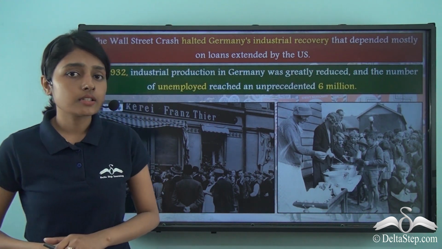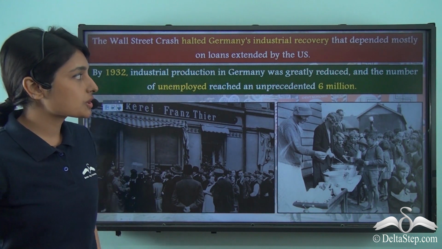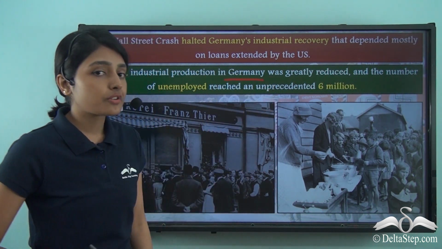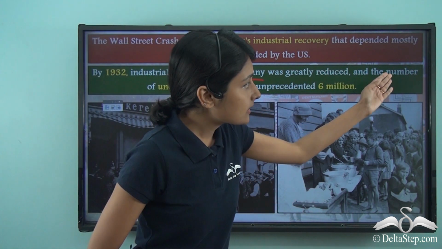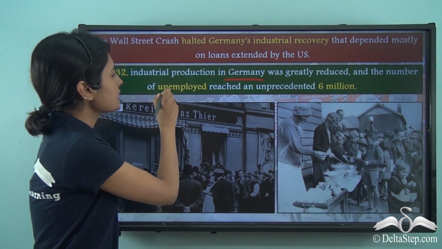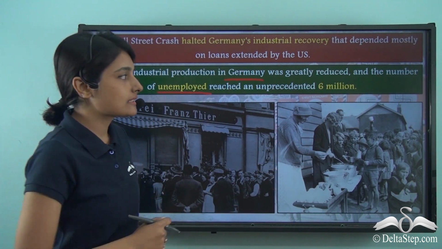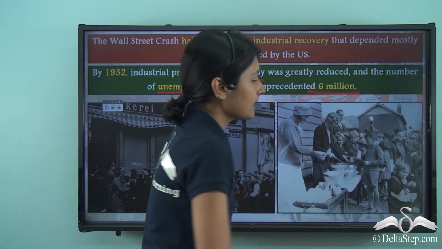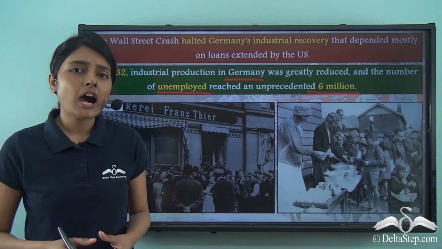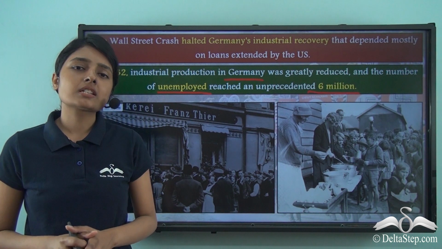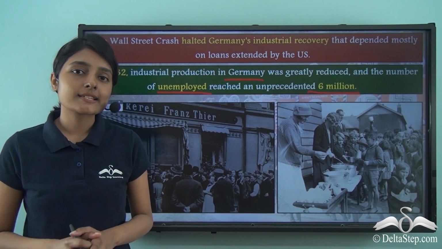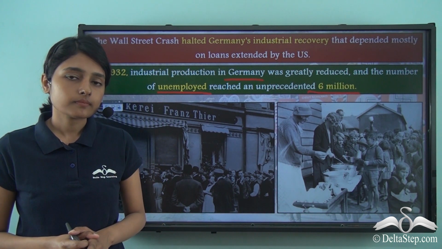By 1932, industrial production in Germany was greatly reduced and the number of unemployed reached an unprecedented 6 million. So can you imagine how so many people had lost their employment at this point of time in Germany?